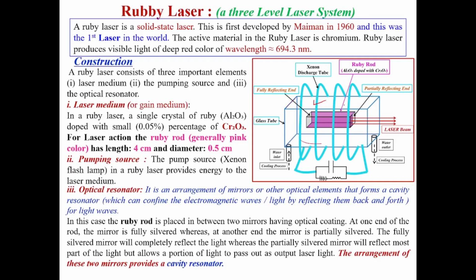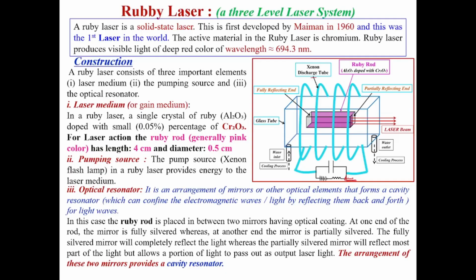This is a vacuum chamber. Here I have written glass tube or vacuum glass tube. The xenon flash lamp or discharge tube is wrapped over this glass tube, connected to the electric source.